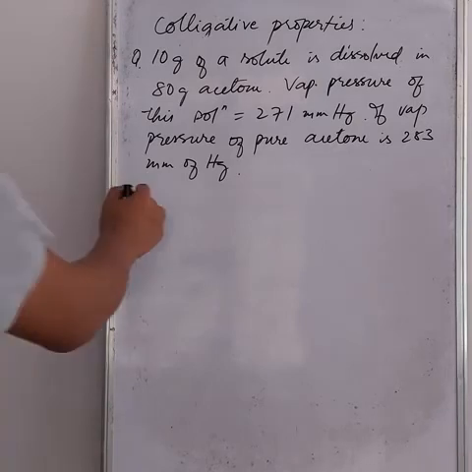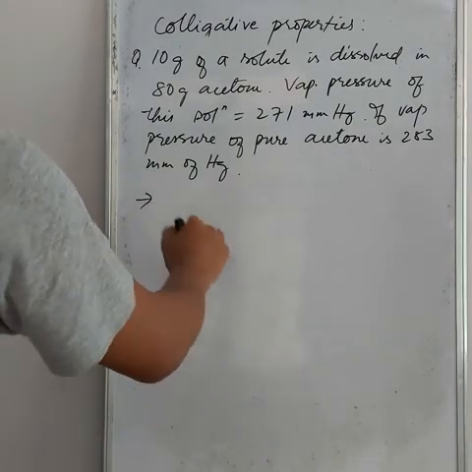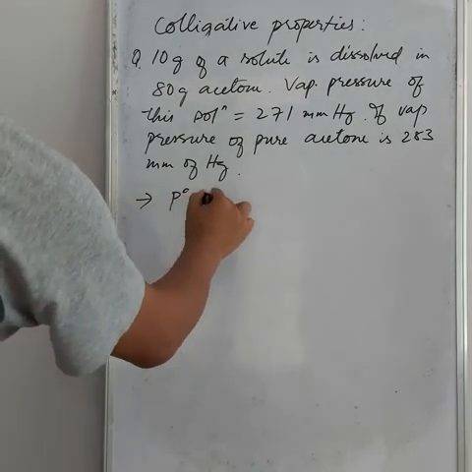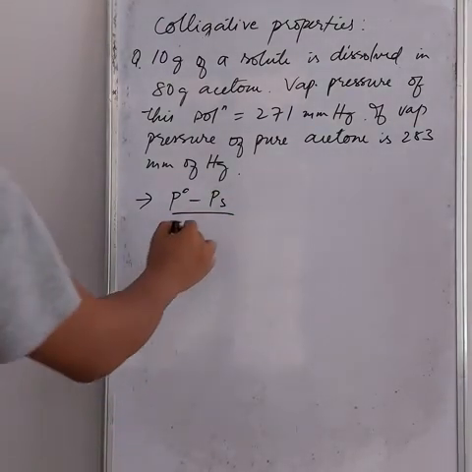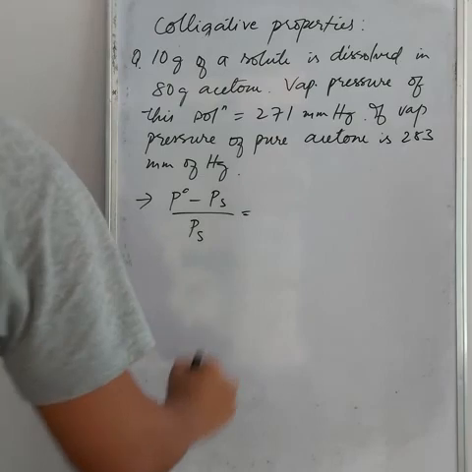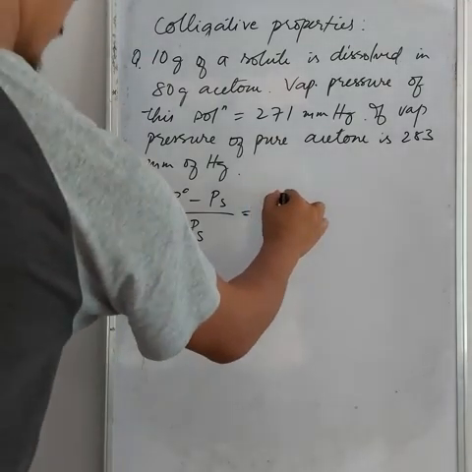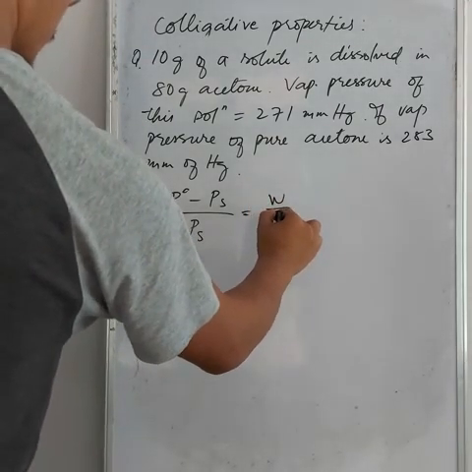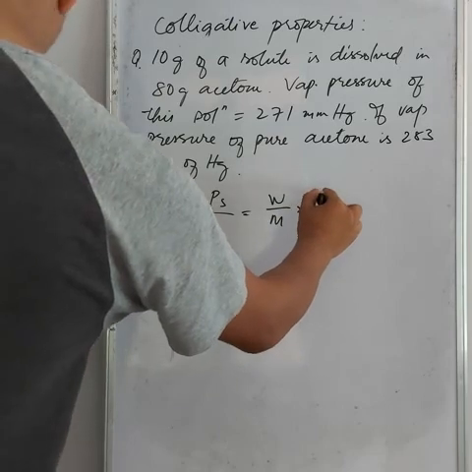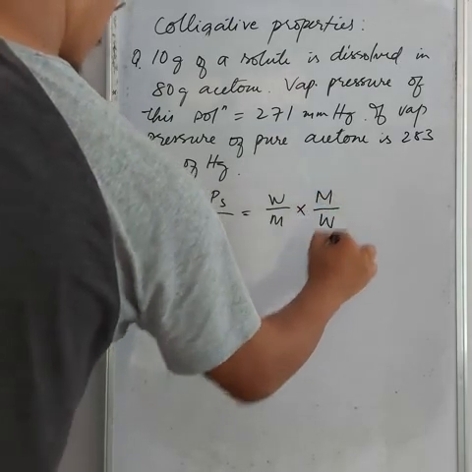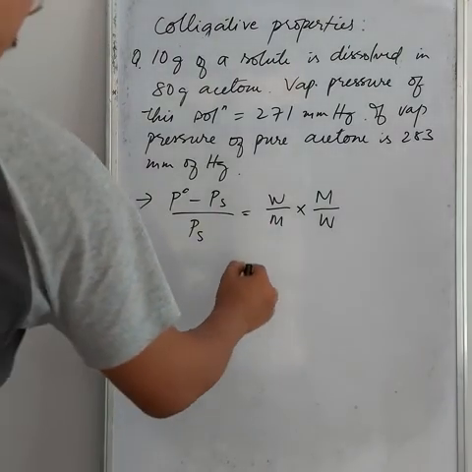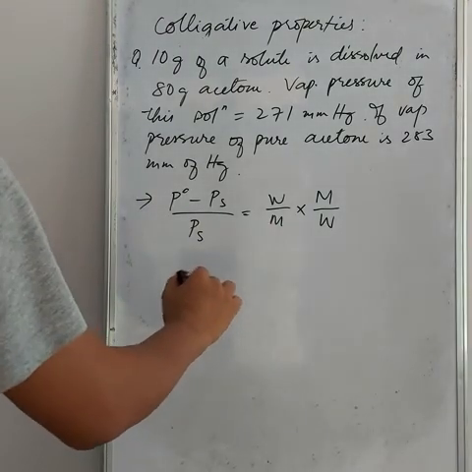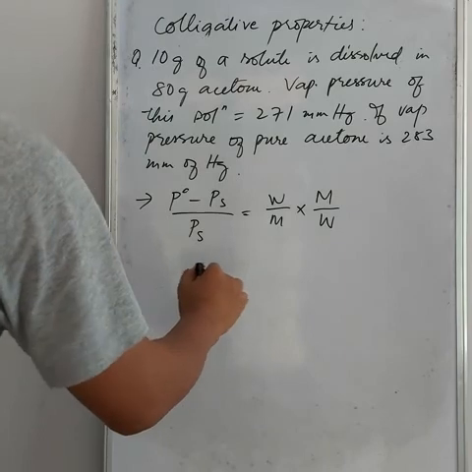We know that P naught minus the pressure of the solvent over P naught is equal to the weight and the molar mass over weight. So calculate the molality.